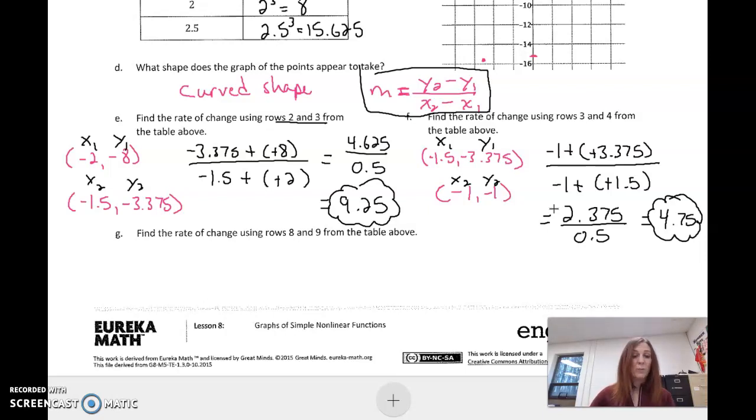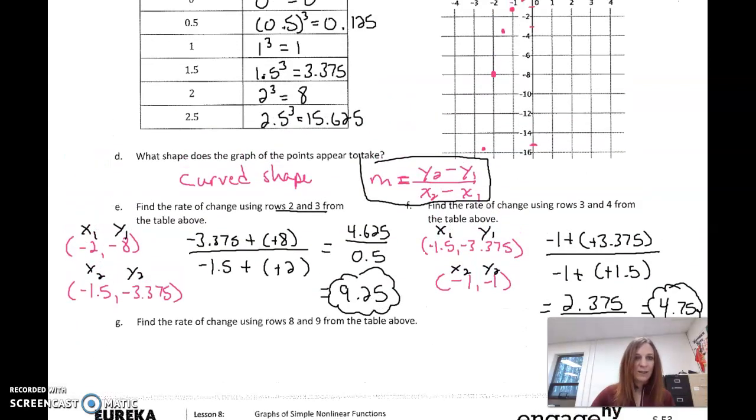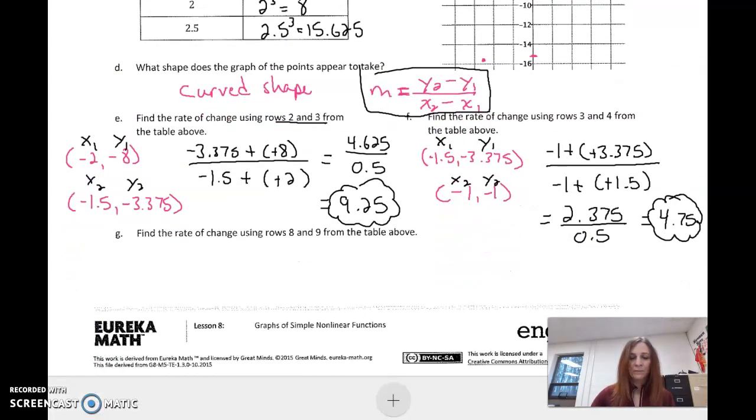Okay, but I want to show you one more example. It says between rows 8 and 9, and that's going to be these two right here. Okay, 1, 3.75, and 1.5, 3.375. Okay. X, Y, X, Y. All right, using this formula again, sub 1, sub 2.